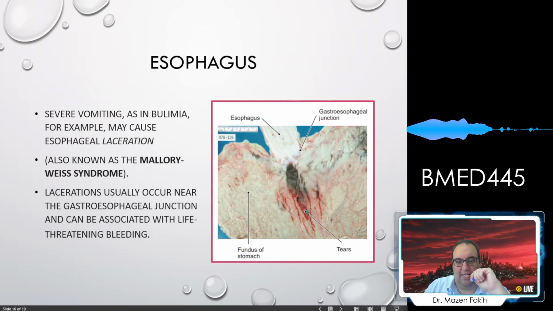It can actually cause a laceration, and this is what a laceration looks like. وعادة بتصير قريب من الجاستروإسوفاجيال جانكشن. هذا النوع من البليدنج can actually be life threatening and it requires intervention. If not given quickly it can actually be deadly.